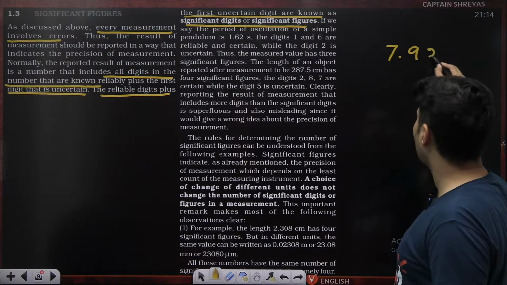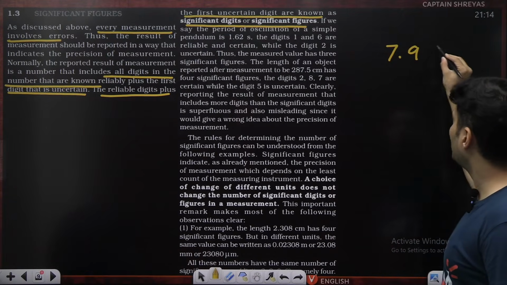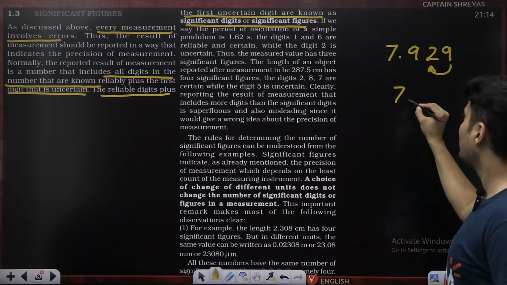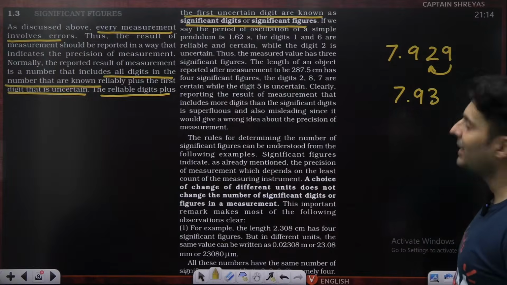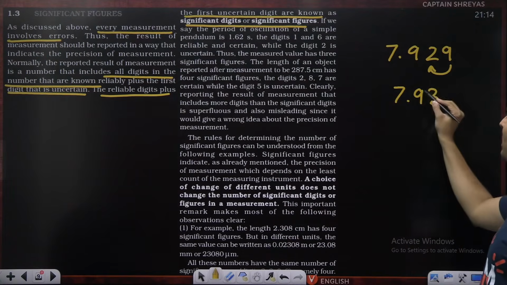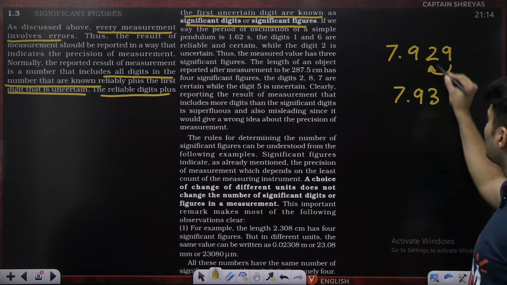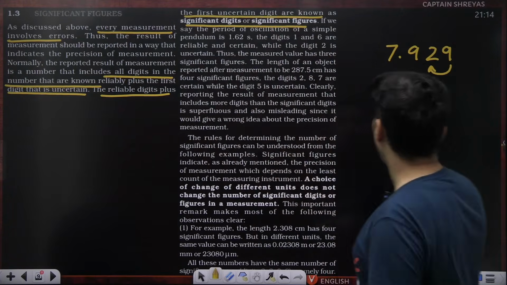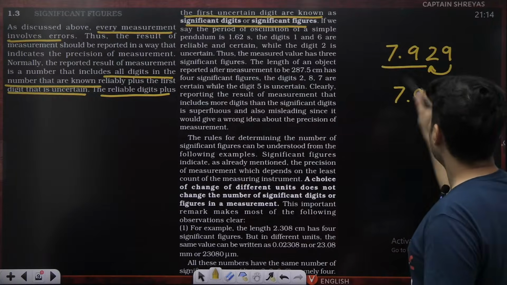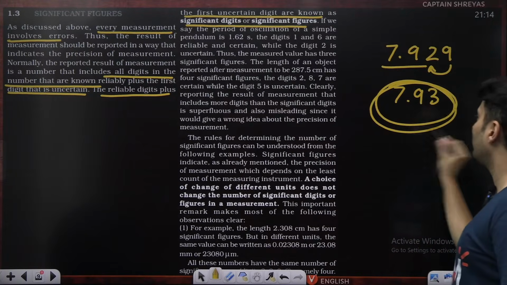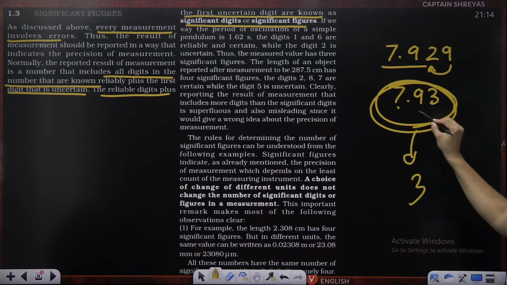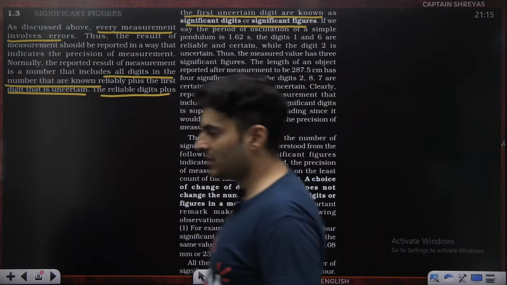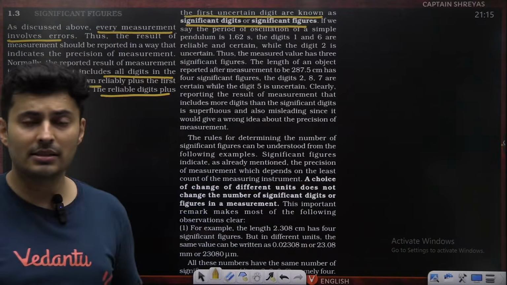Maybe it was 7.929, and it has been rounded off to 7.93. So this digit is that uncertain digit. Rest all digits are basically reliable. So total number of significant figures in this is 3, 1, 2 and 3. That is what is counted as the significant figures. That is what this particular line tells.